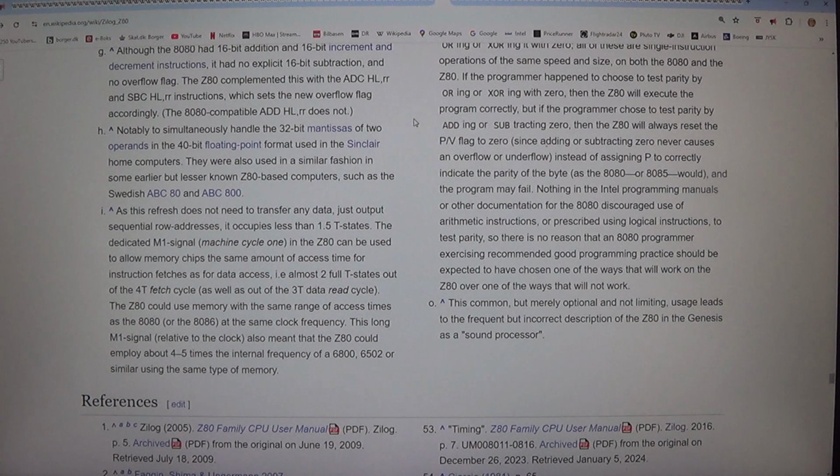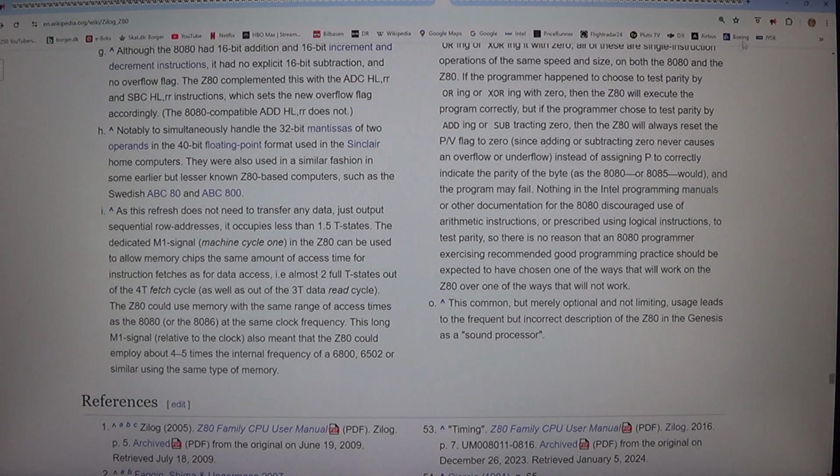instead of assigning P to correctly indicate the parity of the byte, as the 8080 or 8085 would, and the program may fail. Nothing in the Intel programming manuals or other documentation for the 8080 discouraged use of arithmetic instructions, or prescribed using logical instructions, to test parity, so there is no reason that an 8080 programmer exercising recommended good programming practice should be expected to have chosen one of the ways that will work on the Z80 over one of the ways that will not work. 15.